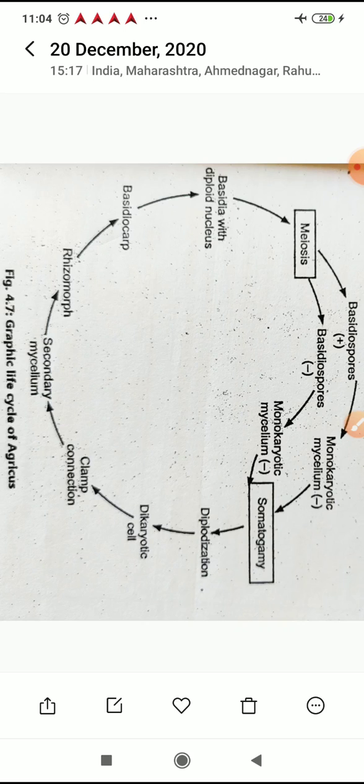Subdivision Basidiomycotina. It belongs to class Hymenomycetes. Its subclass is Holobasidiomycetidae. It belongs to order Agaricales, family Agaricaceae. Its genus is Agaricus and species is bisporus.